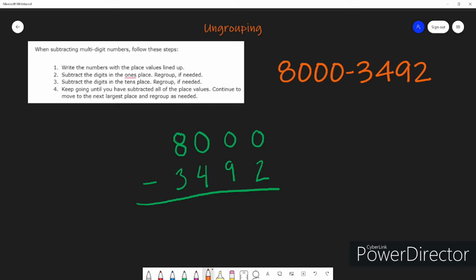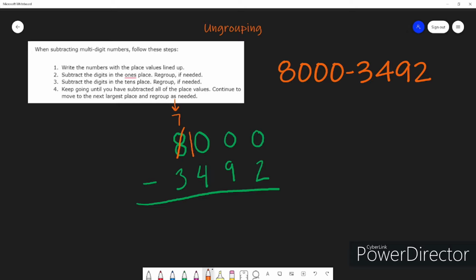So I'm going to start at the thousands where the 8 is and go right. Therefore, I know that I'm unable to subtract 4 from 0 in the hundreds place. So I'll take a 10 from the thousands place and make this number a 10, but wait to subtract until the very end.